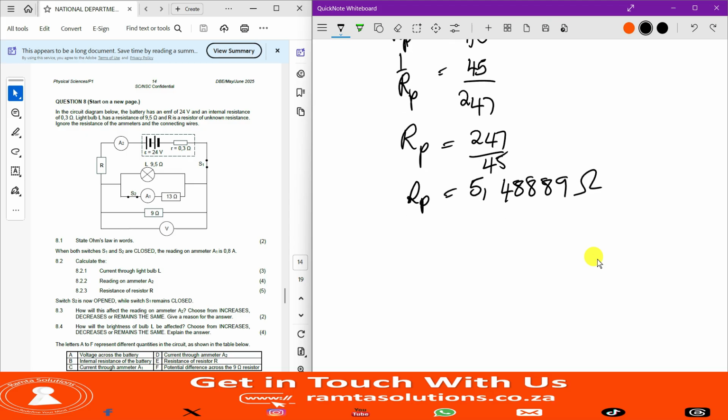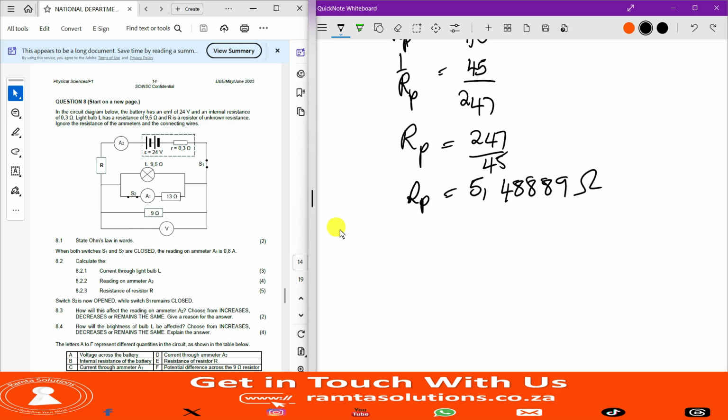What we can do now is something that you and I know. Remember, we calculated the current flowing through the 9.5. So we will say this is the first parallel.